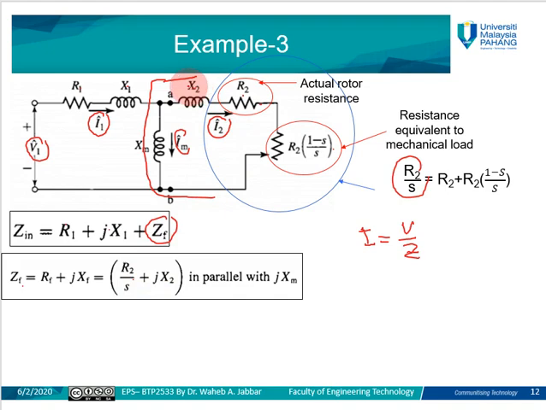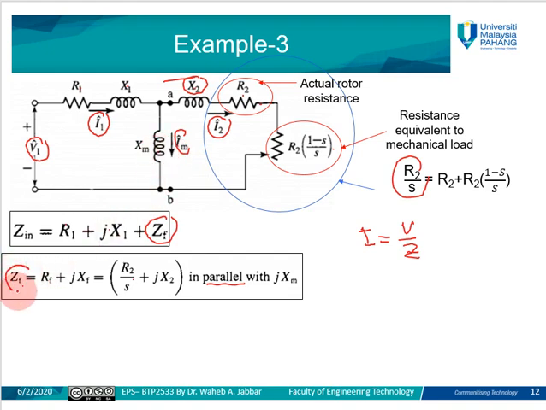This is jX2, which represents the reactance of the rotor. So the whole rotor circuit is connected in parallel with the Xm value. So this is the Xm value actually.